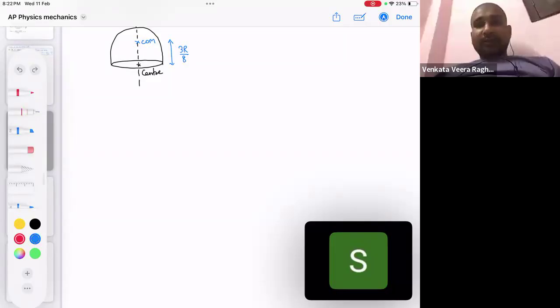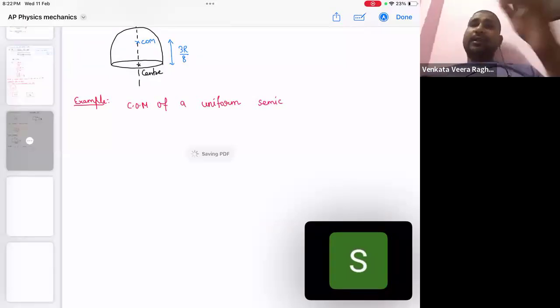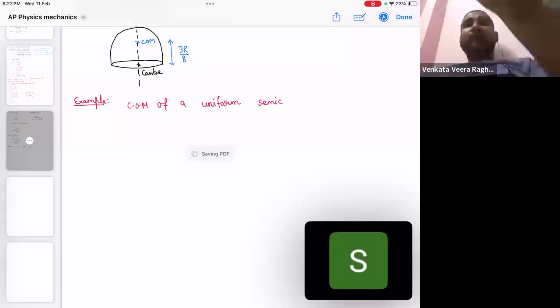Center of mass of what? We are going to calculate the center of mass of a uniform semicircular disk. Keep in mind, first thing, it is uniform, and the next is that it is a uniform semicircular disk.